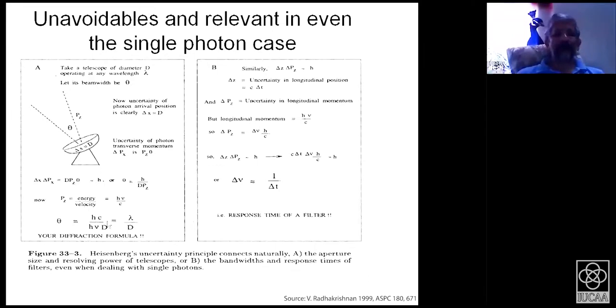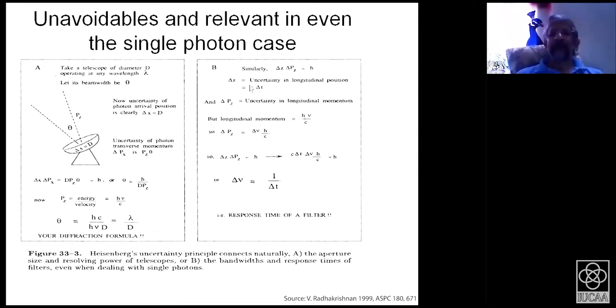And with a little bit of simple maths, you will arrive at this ambiguity in the direction given by lambda upon the aperture dimension. Same thing can be done in the y direction, which is also one of the transverse directions. And if the aperture was of different size, you will get the corresponding size dictating the ambiguity function in angle.